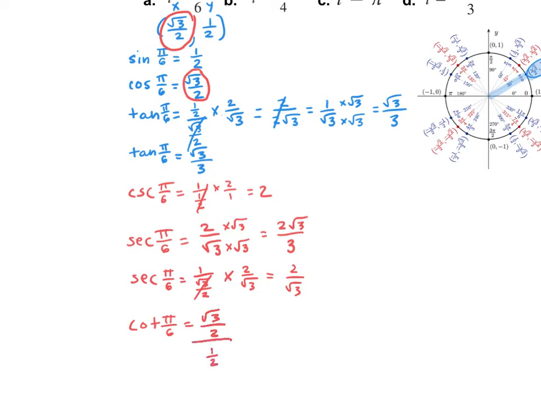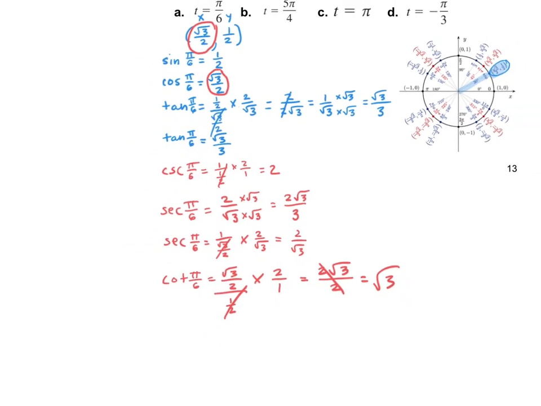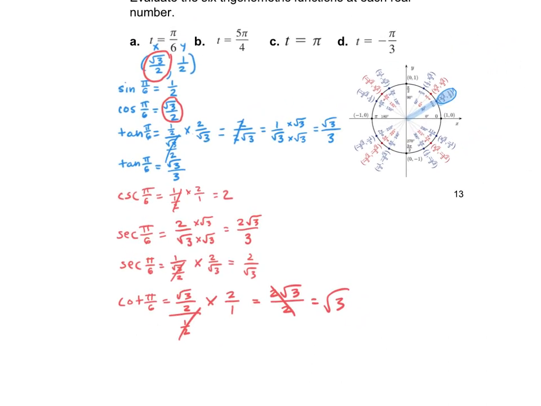Keep the numerator, change to multiplication, flip the denominator. So square root 3 times 2 would be 2 square root 3 over 2. How do we simplify this? So what are we left with? Just square root 3. So these are our 6 trig functions.